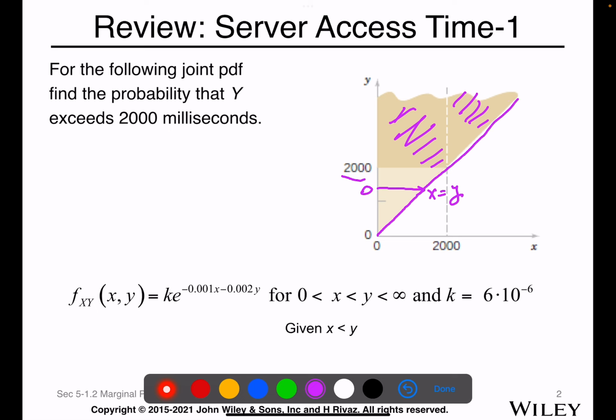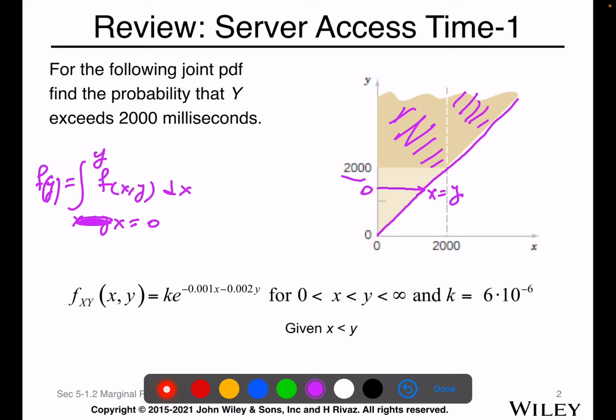So you calculate the integral of f of x and y dx, where x varies from 0 to y, and this is f of y, the marginal of y. After you find this, you integrate f of y from 2,000 to infinity. That's the easier solution.